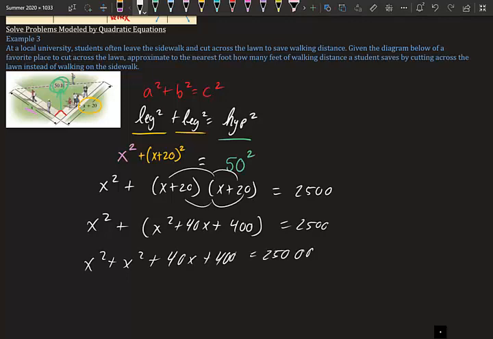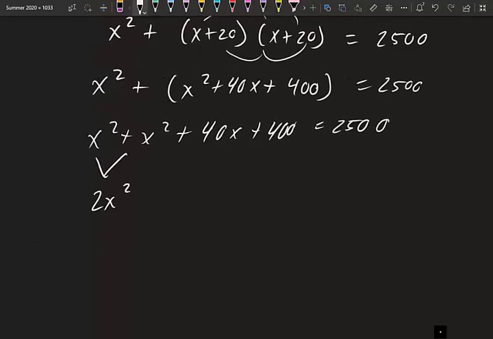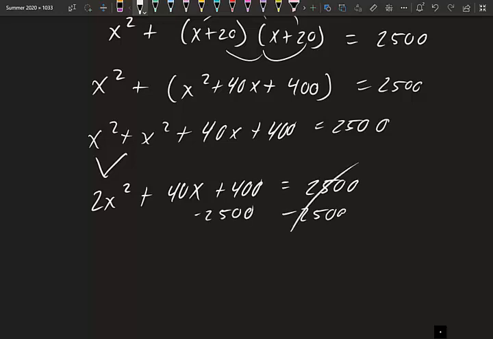Let's combine like terms where we can. Equal it to 0. We know to equal it to 0 because it's a quadratic. So we have 2x squared plus 40x minus 2100 equals 0.